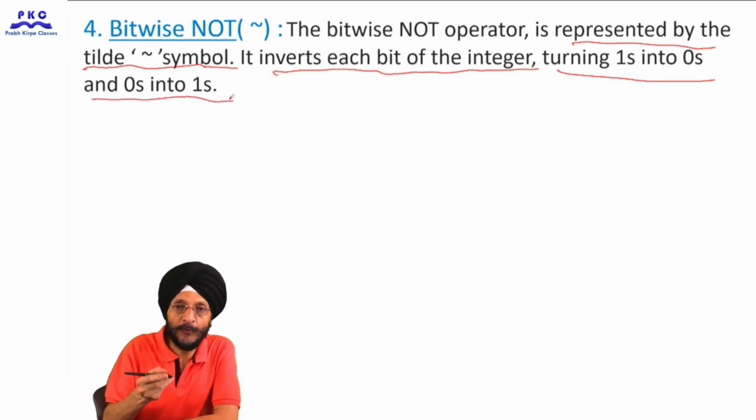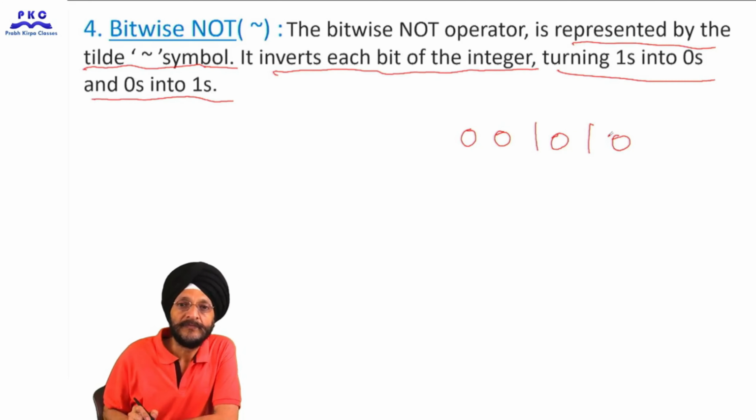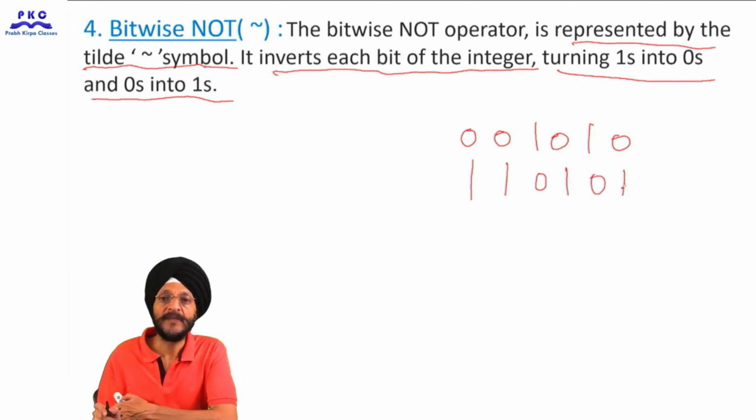What does it mean? Suppose the bit value of a number is this. Now this bitwise NOT operator will invert each of these bits. 0 will become 1, 1 will become 0, 0 will become 1, 1 will become 0, 0 will become 1.